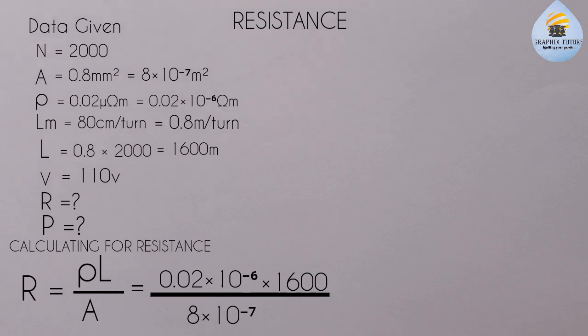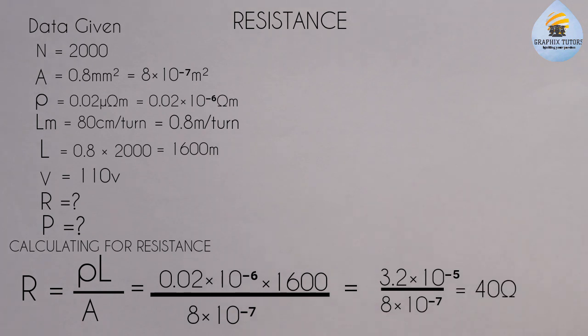If you multiply the numerator, you'll be having 0.00032, that is 3.2 times 10 to the power minus 5, divided by the area, 8 times 10 to the power minus 7, which is the same as 0.000008, and we'll be having our answer to be 40 ohms. So the resistance of the coil, which is the copper, is 40 ohms.